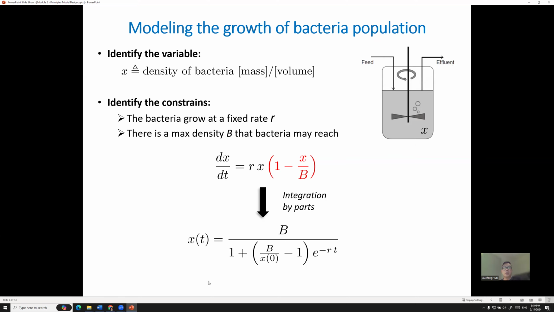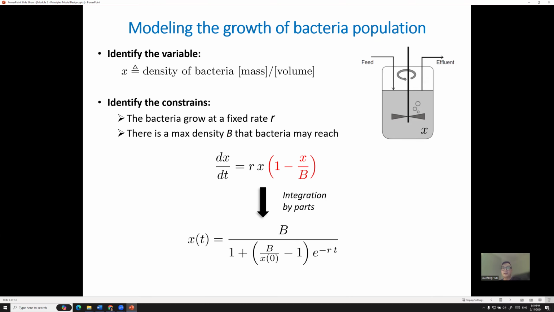In order to keep the volume of the reactor constant, as the nutrients get in, we also have to have a steady outlet of bacteria, or extract the bacteria out of the reactor, in order to keep the culture volume constant.